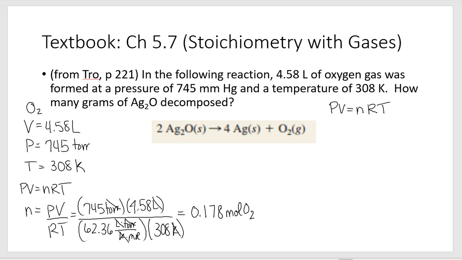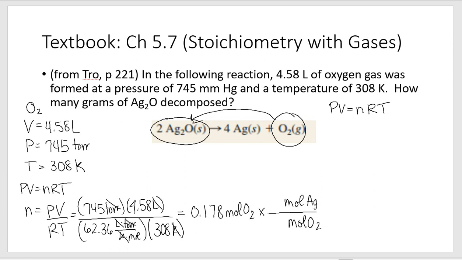So far this just looks like an ideal gas law problem. Now let's get into the stoichiometry piece of it. We know moles of oxygen, but what we want to find is how many grams of silver oxide decomposed. My first step in any stoich problem is find moles. I've done that. Now my next step is to use my mole ratio. I'm going to convert from moles of oxygen to moles of my reactant, silver oxide.